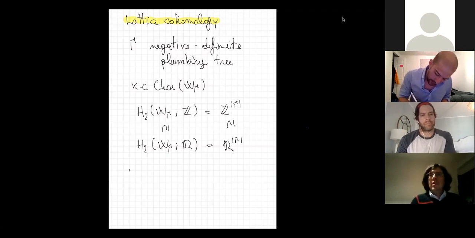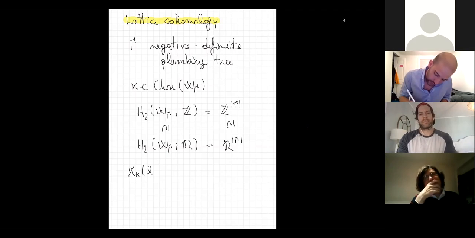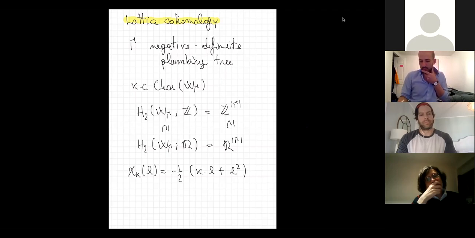Okay, and then, using the choice of the characteristic vector, we form the so-called Riemann-Roch function. And this is just -1/2 k evaluated on L plus the square of L in the intersection form of W gamma.